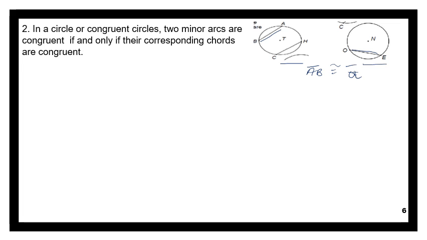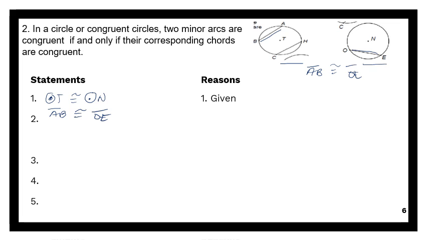Let us list down the given statements and reasons. Number 1. Circle T is congruent to circle N, and chord AB is also congruent to chord OE. That is the given. Number 2.